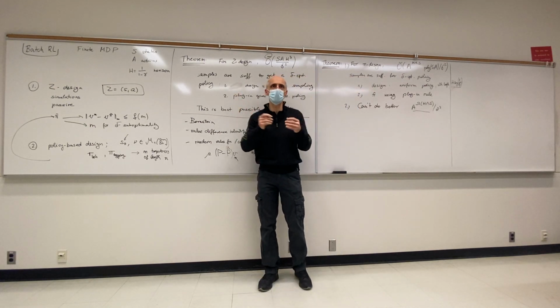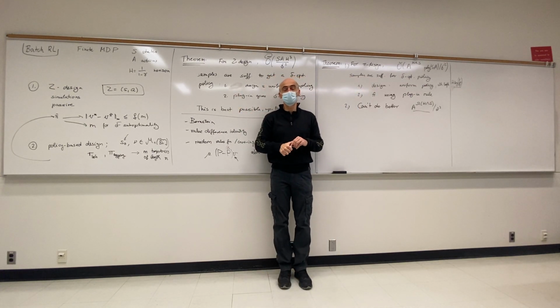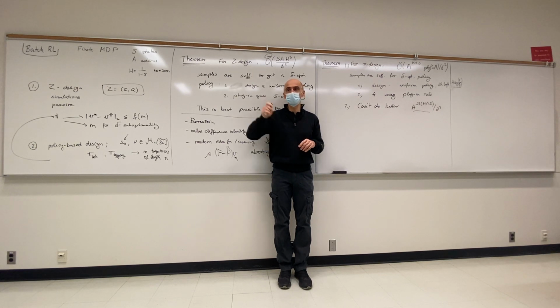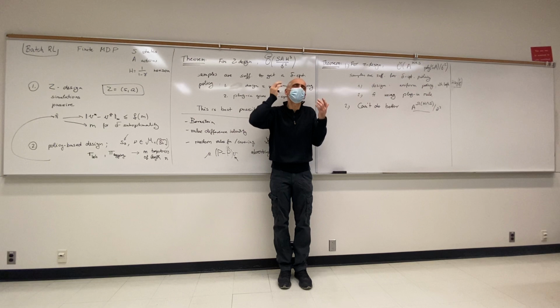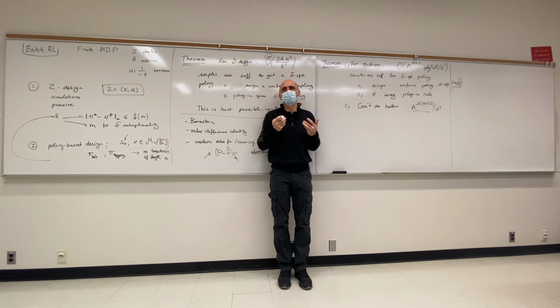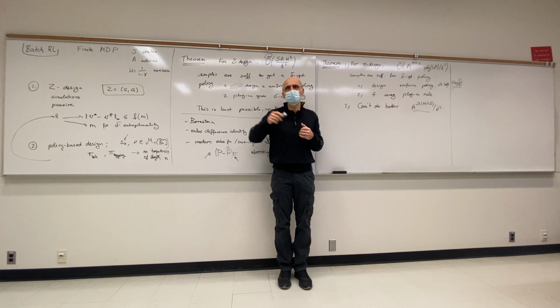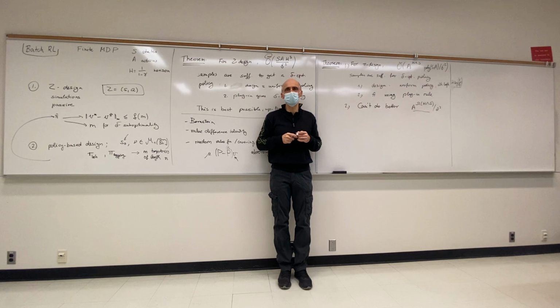It could have been that there is a state which has a very small access probability under any policy, but then that state doesn't matter. So the smallest probability that you will ever see of reaching some state from the initial state distribution plays no role. So that's an interesting tidbit here.